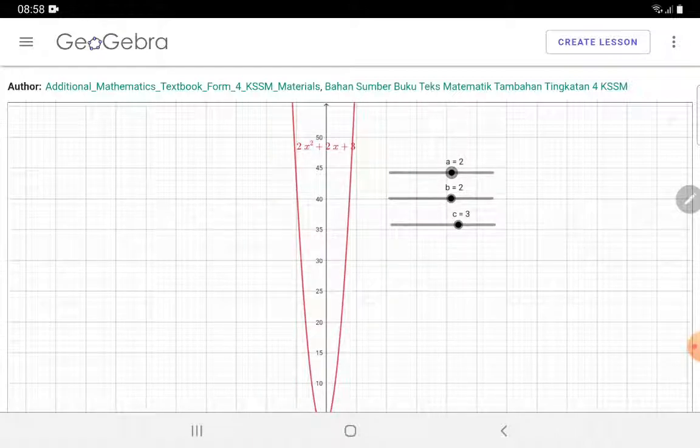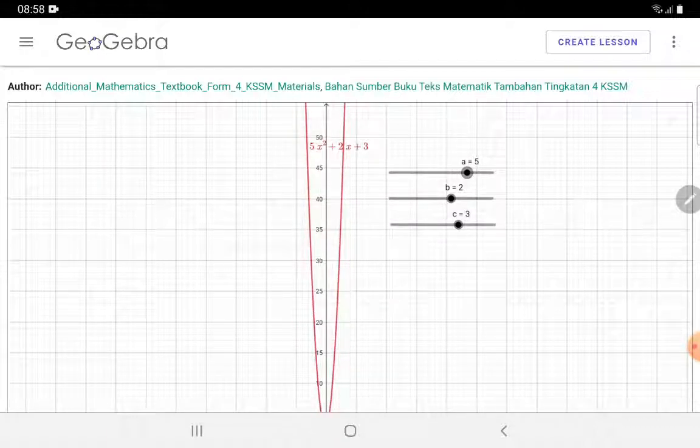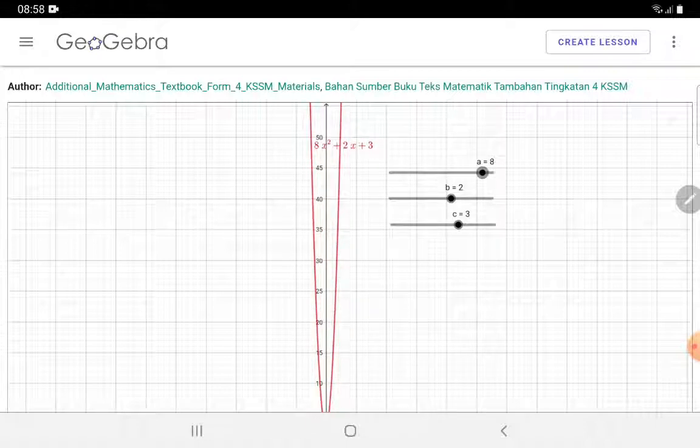Okay, the graph becomes smaller, right? I mean, it's not smaller, the width becomes smaller. The width of the graph becomes smaller. If we drag more, you see, the bigger the value of a, the smaller the width of the graph. So we can make a hypothesis: how about when we drag a to the left, I mean less than 1?